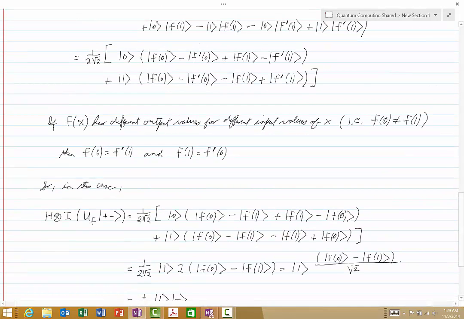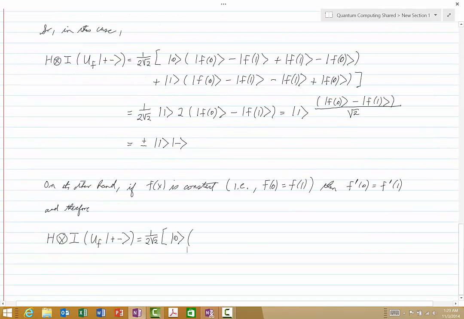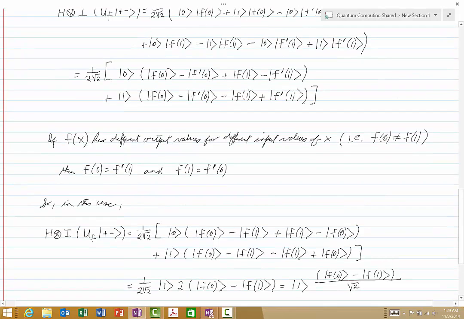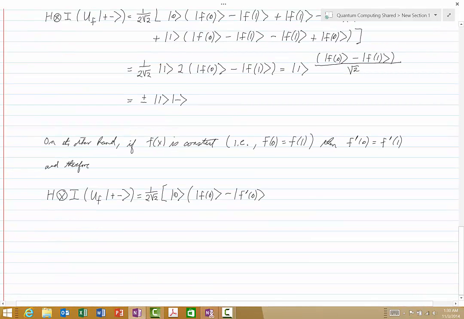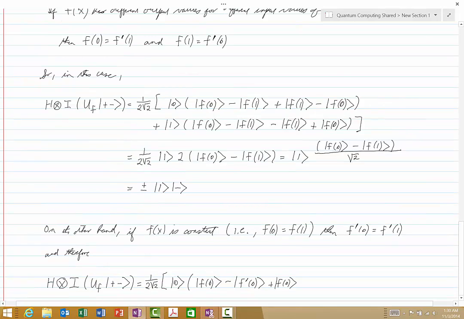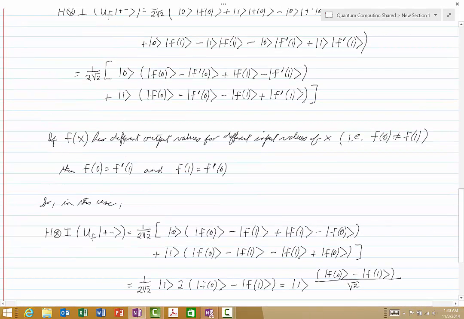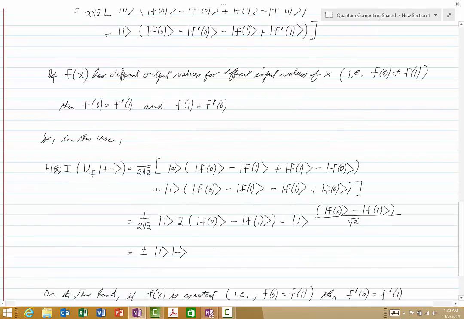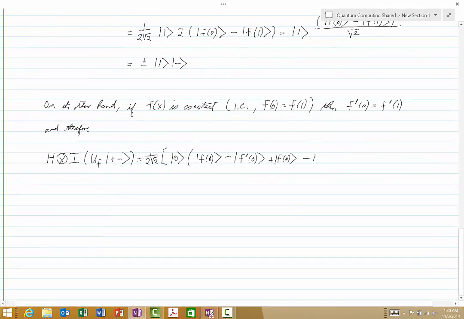And now we have f of 0 minus f prime of 0, and then plus f of 1, but f of 1 is the same thing as f of 0, so plus f of 0, and then minus f prime of 1, but f prime of 1 is the same thing as f prime of 0, so minus f prime of 0.